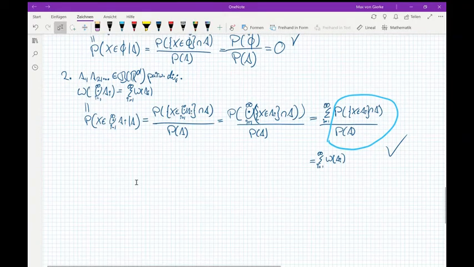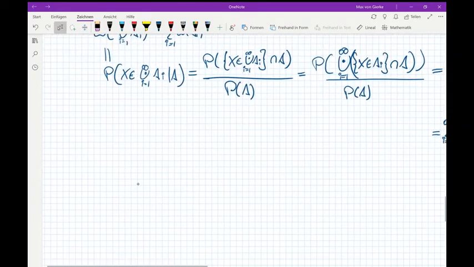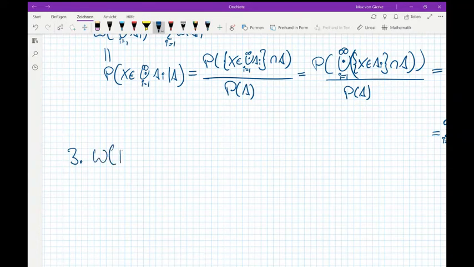Okay, but we had to show that it's a probability measure. So the question remains whether W of R^d is 1. Here again, it's W of R^d and not W of omega.